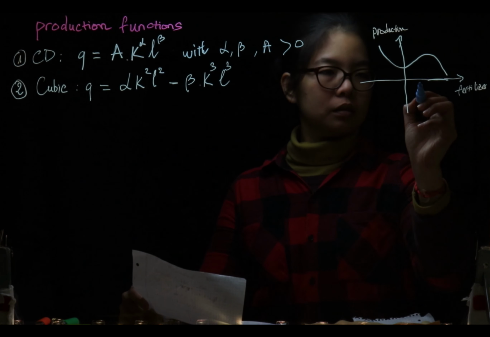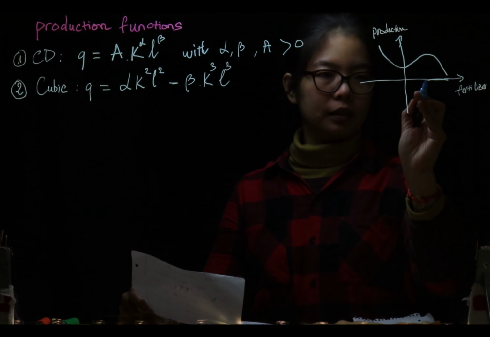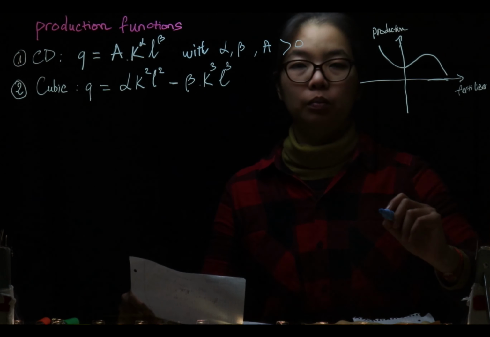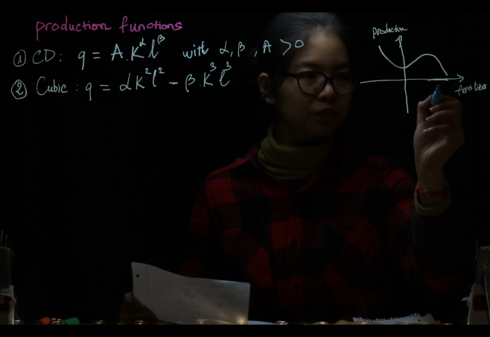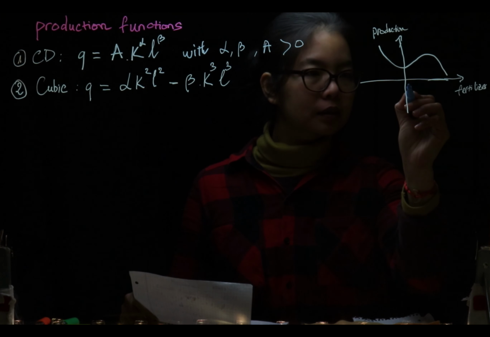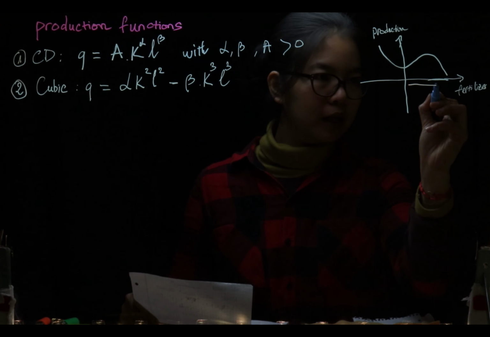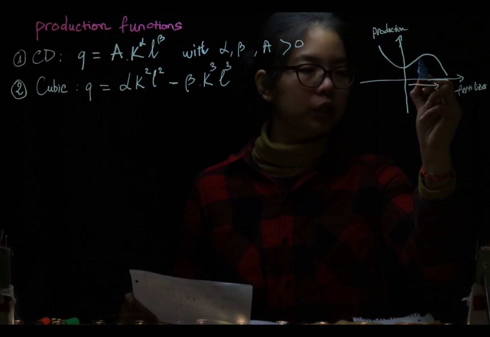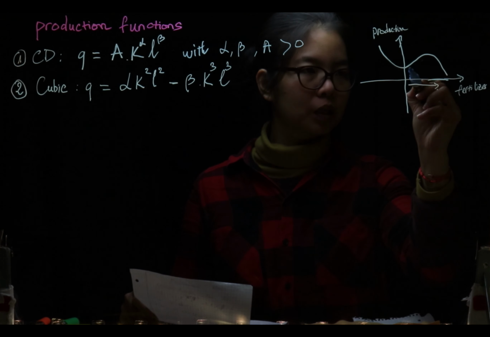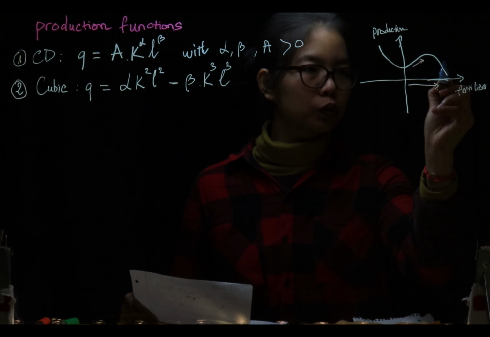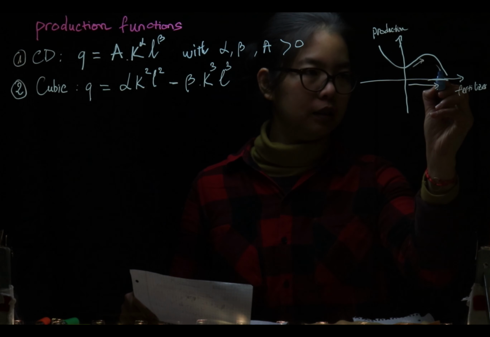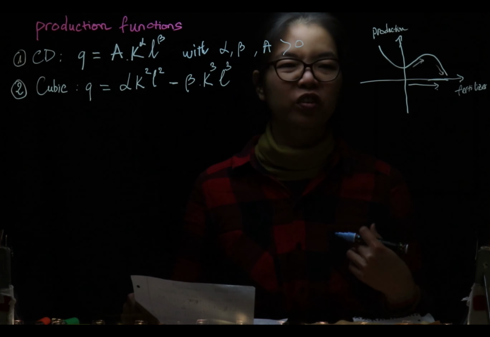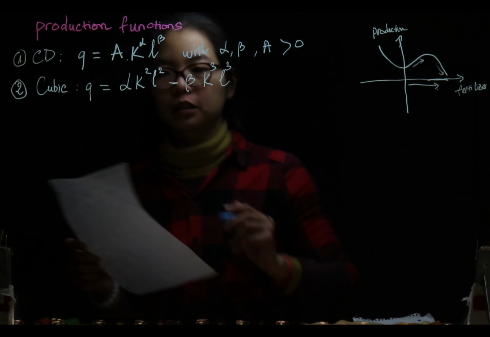As long as the fertilizer input is positive, of course you don't put negative input in your production, right? As it is positive and increasing, the production will increase to some point, but at one point, if you put too much fertilizer in the soil, probably your production will decrease. So that's one example.